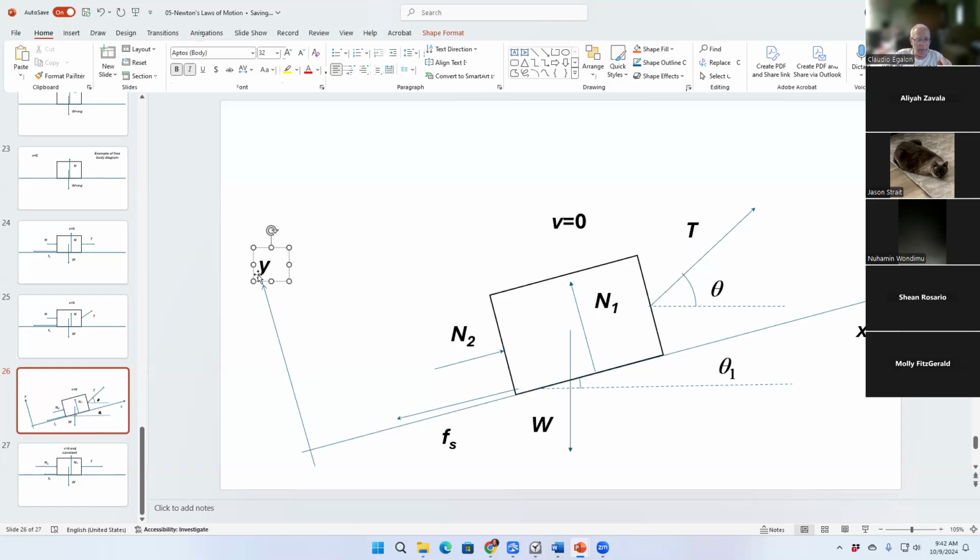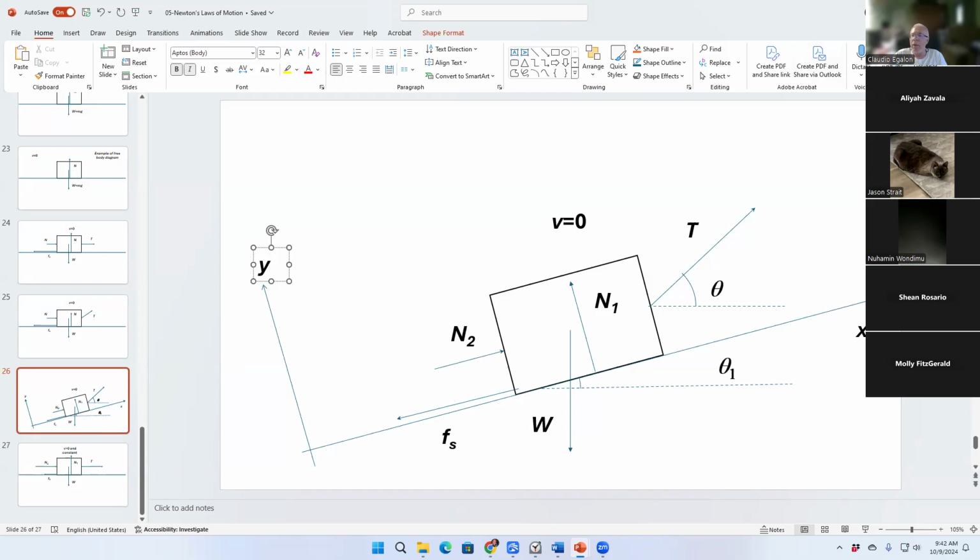I have chosen this direction because it makes it easier for us to solve the problem. But if you want, you can repeat this problem with the x-axis horizontal and the y-axis vertical. No problem.